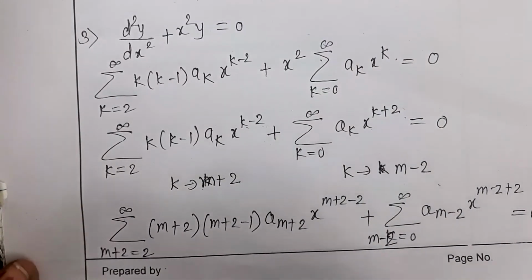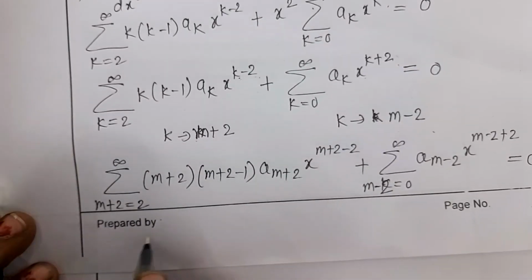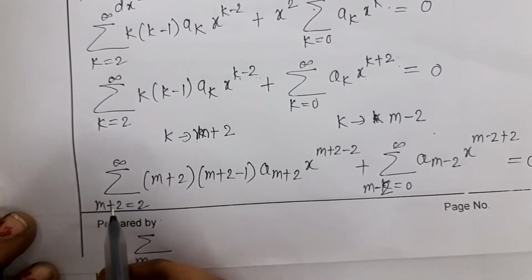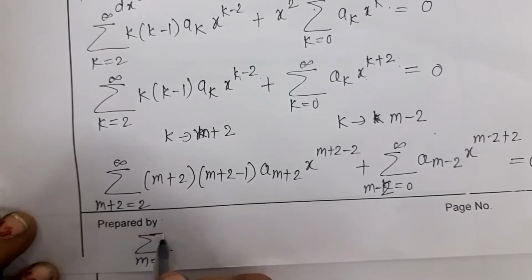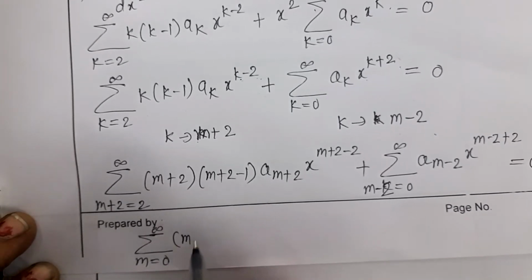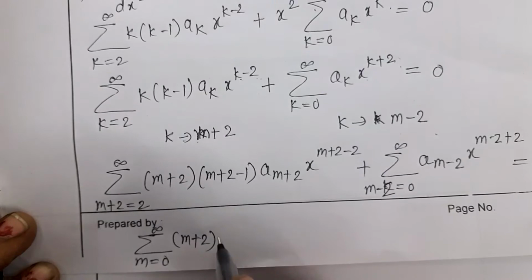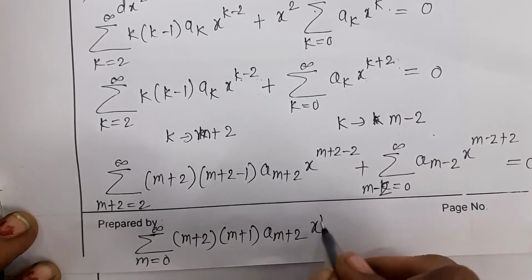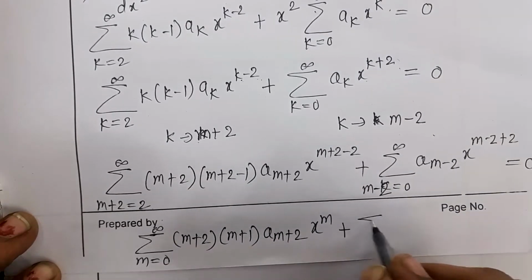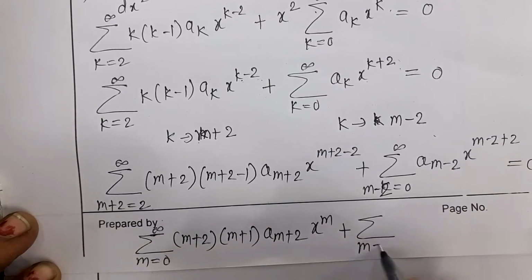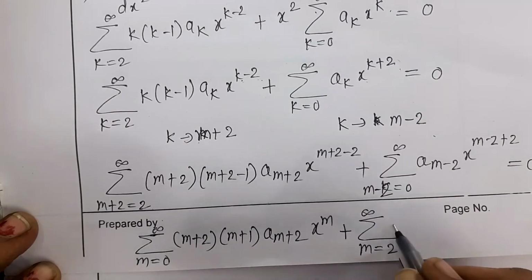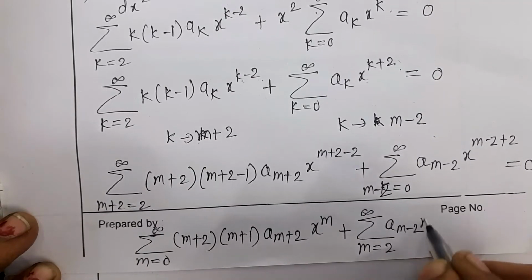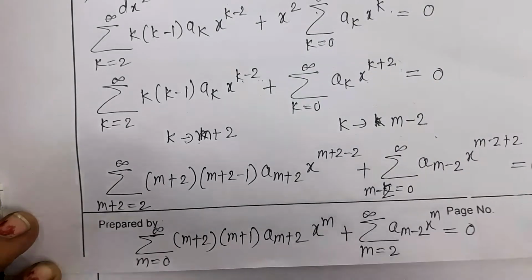Now simplify it further. The 2 gets cancelled, and the remaining summation is m equal to 0 to infinity of (m plus 2) as it is, (m plus 2 minus 1) is (m plus 1), a_(m plus 2) x to the power m plus 2 minus 2, which is x to the power m, plus summation m equal to 2 to infinity a_(m minus 2) x to the power m, equal to 0.